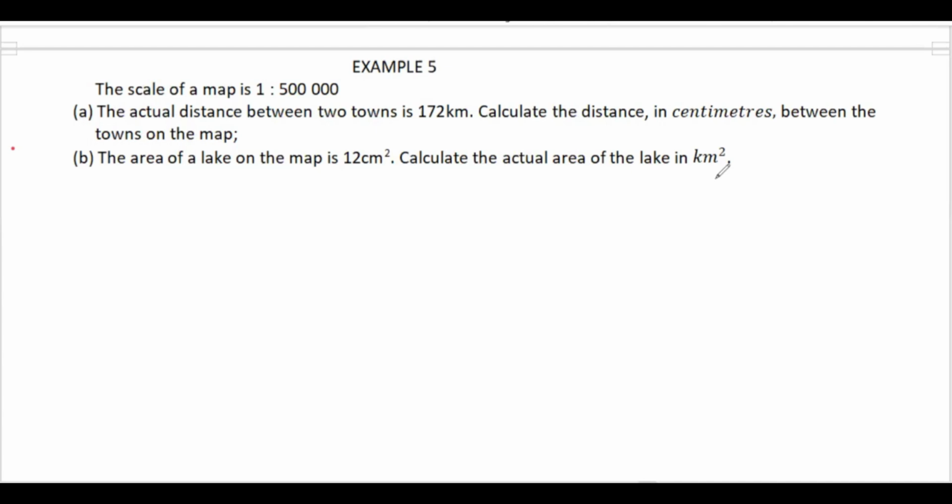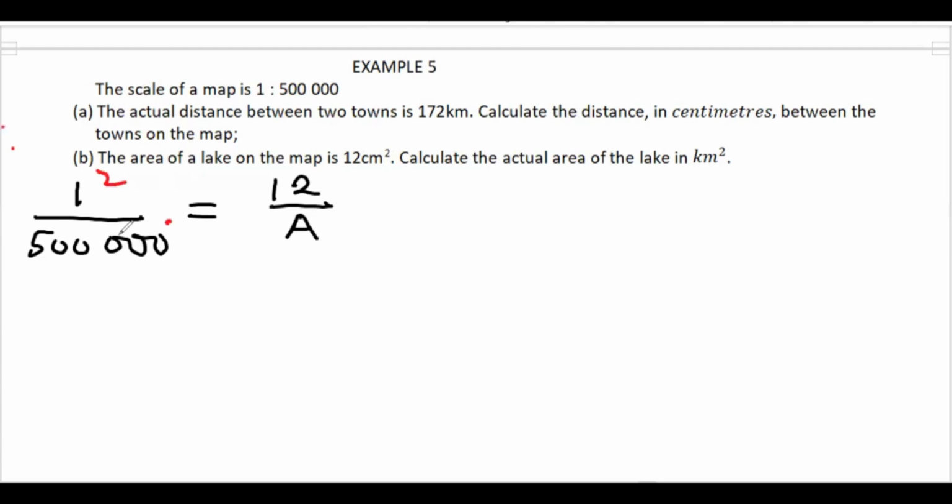You always start with your scale: the ratio on paper to that of land, 1:500,000, equals this time the one on the map we are given, that is 12 centimeters over the area. But anytime you are equating a ratio of areas to a ratio of sizes, remember the map scale is always linear, so to conform them, you square both of them.